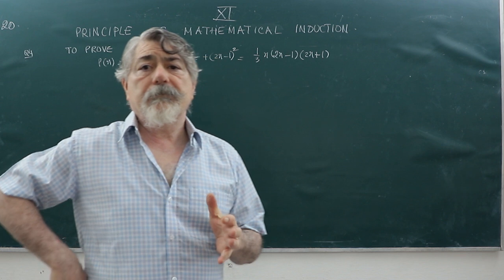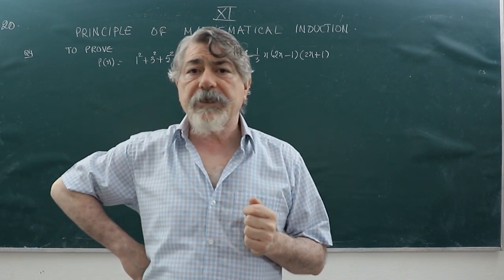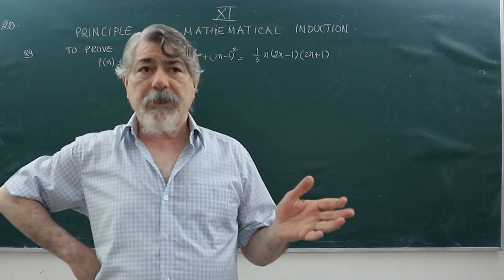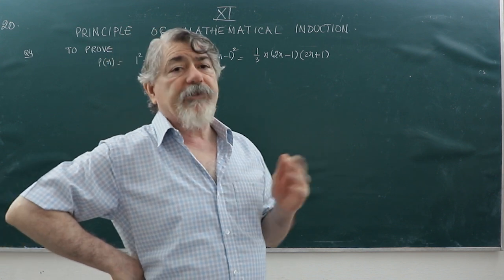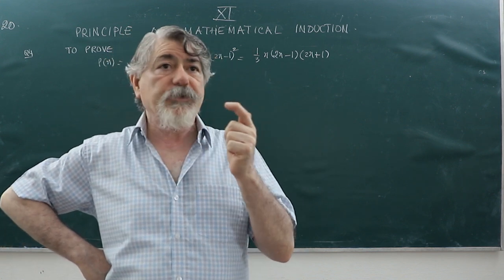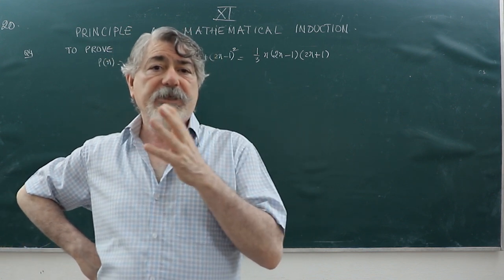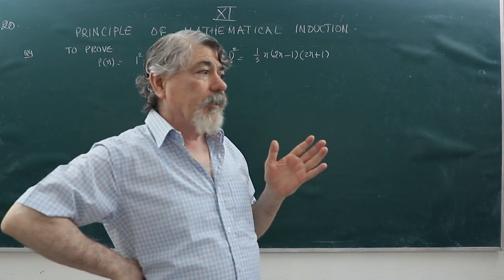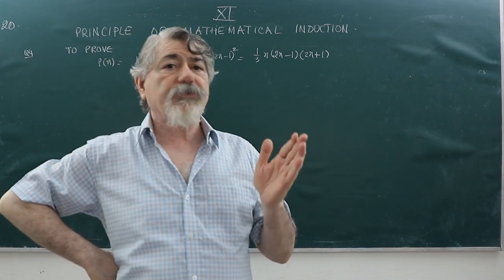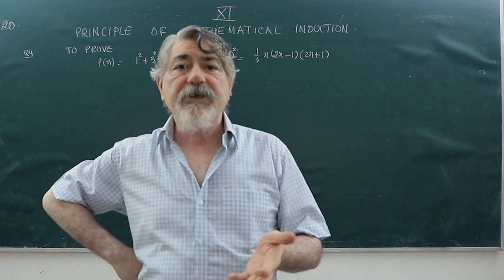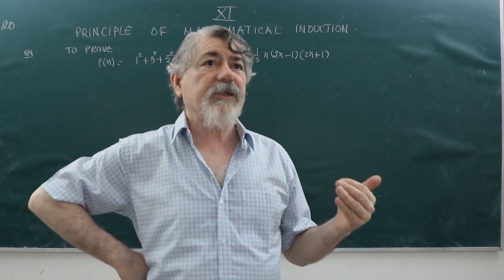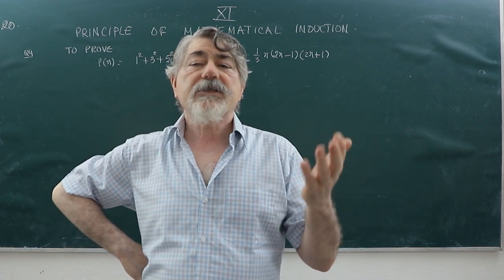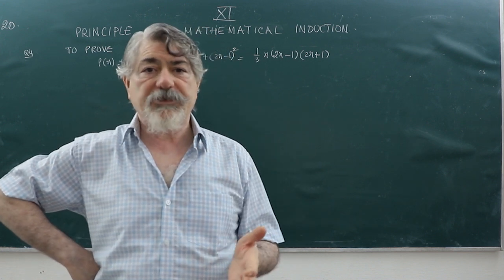Based on the principle of mathematical induction, we have done 3 questions. First was the sum of n natural numbers, 1 plus 2 plus 3 plus 4. The second was, I think, the sum of even numbers 2 plus 4 plus 6. The third was 1 squared plus 2 squared plus 3 squared, the sum of squares of natural numbers.